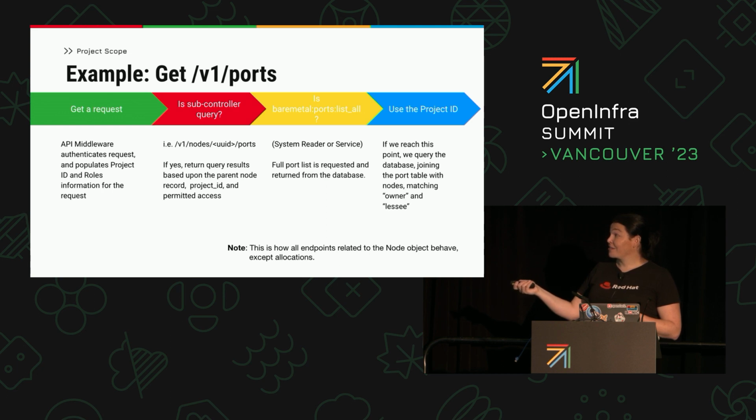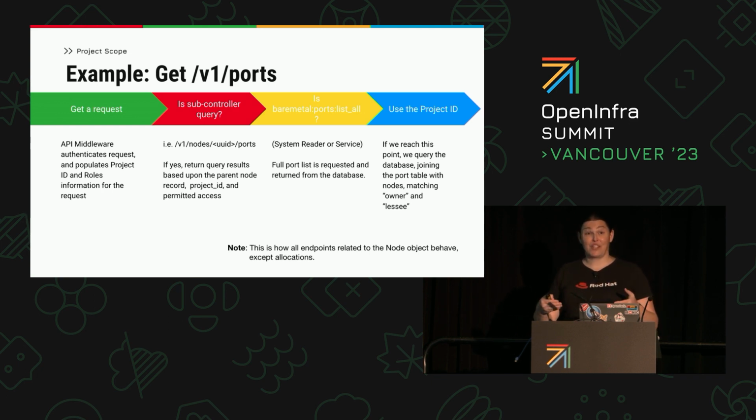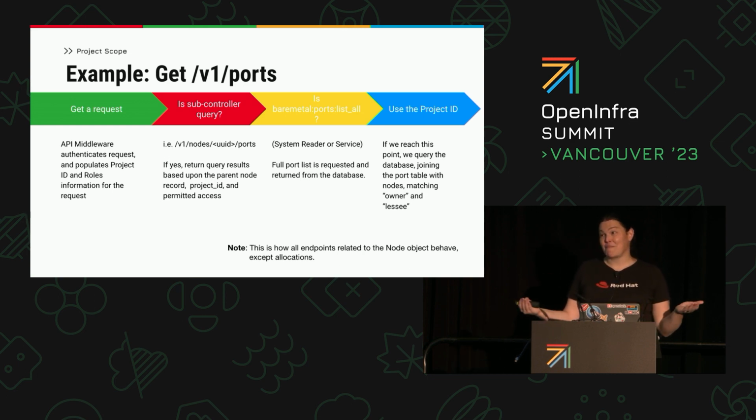We then apply this list all bypass. If it doesn't match, then we request a list of ports joined with the nodes based upon if there is an owner or lessee field populated. The end result is, if there isn't, there's no node list. You get an empty result set.